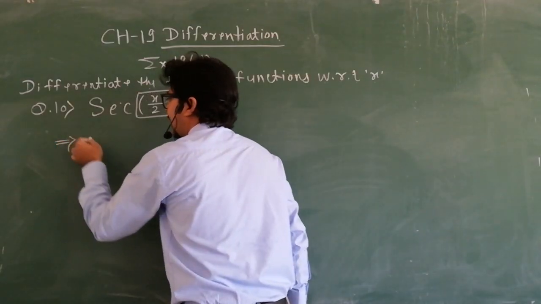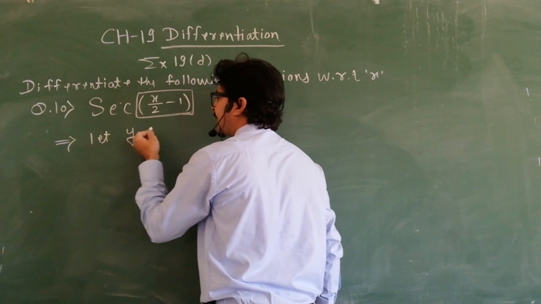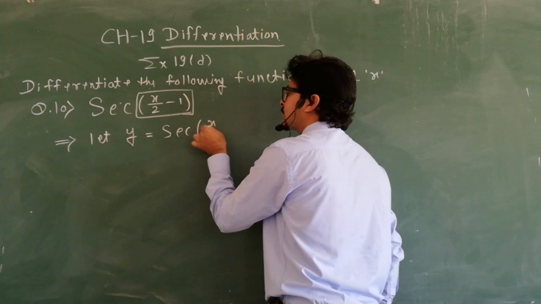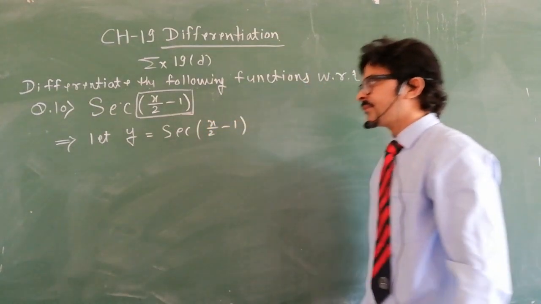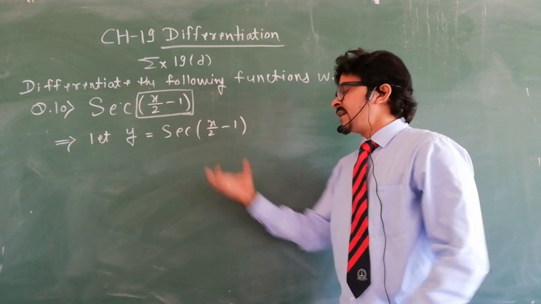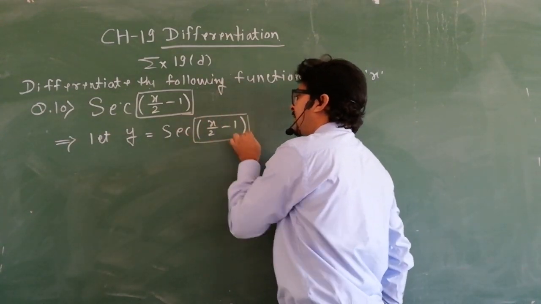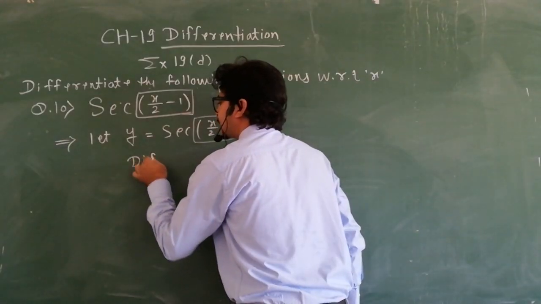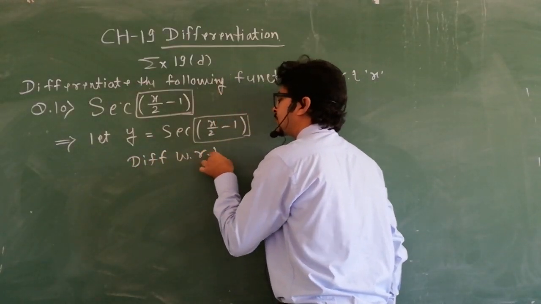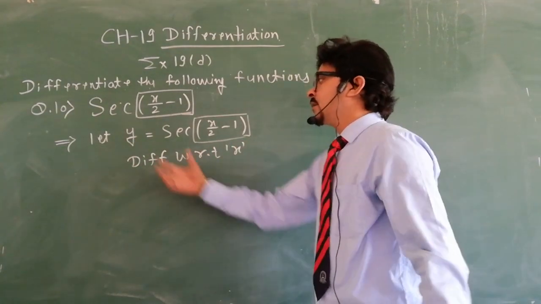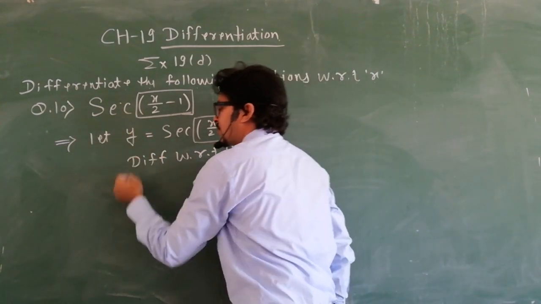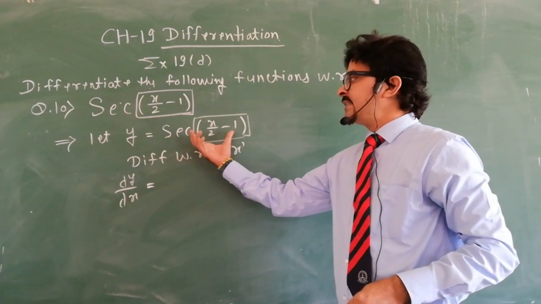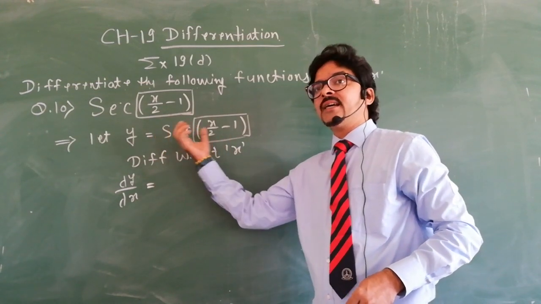In the solution we'll write: again, let the given function be denoted by small y is equal to sec(x/2 - 1). Now if you observe, in place of x is this bracket, this function. Again this is a function, so we'll apply the chain rule here. So we'll differentiate with respect to x on both sides. On the left side we'll write dy by dx is equal to, and on the right side it is a derivative of sec x form.